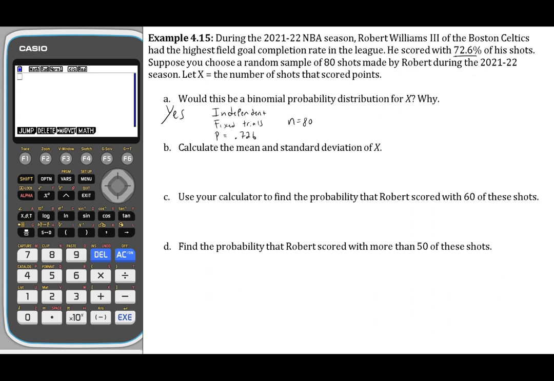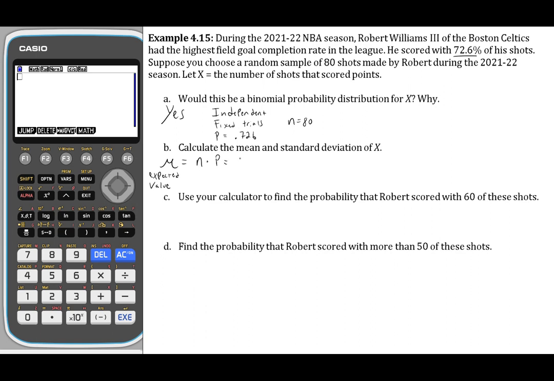All right, so the first thing we want to do is calculate the mean and standard deviation. The mean is the same thing as the expected value. If we ask, out of 80 attempts, how many shots will we expect Robert to make, all we need to do is take the number of shots attempted and multiply it by the probability that he successfully completes the shot.